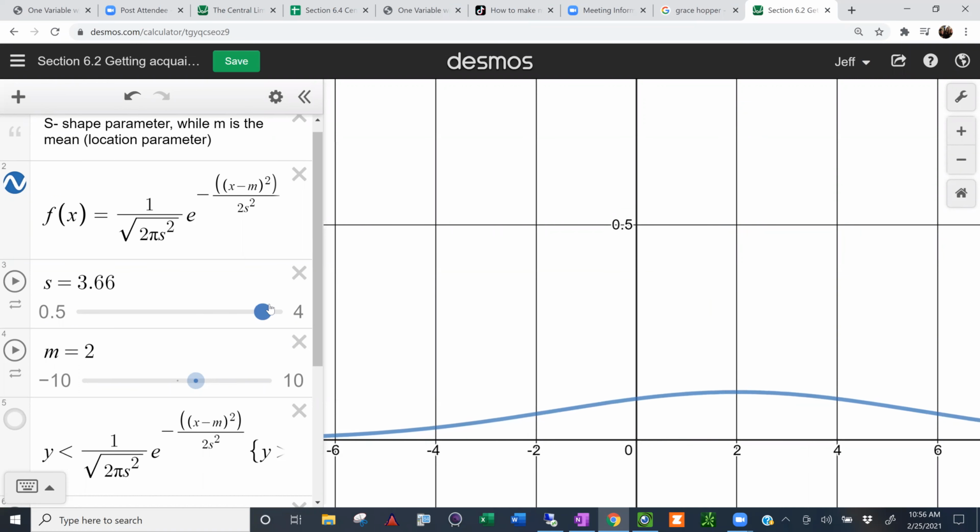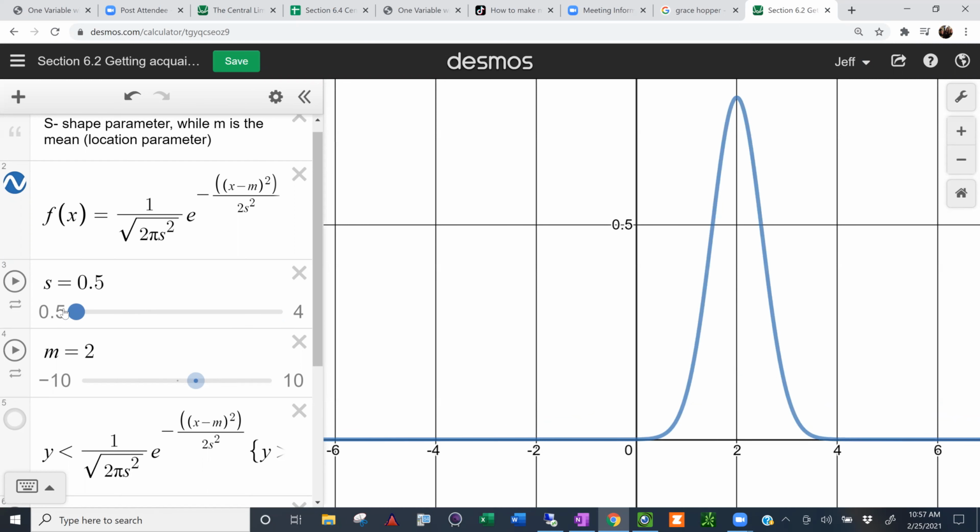And the more and more I spread out the area in this curve by increasing the standard deviation, the less likely I am to get something close to 2. But if I'm determined to get a good sample estimate of the population mean, there's one quick answer: increase the sample size. That decreases the standard deviation, and you're likely to get something very, very close to the population mean.